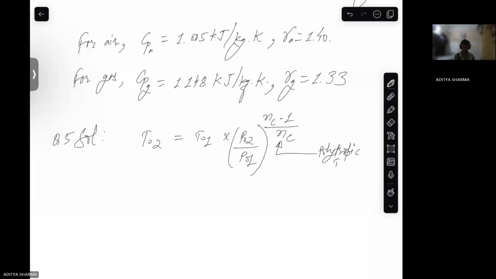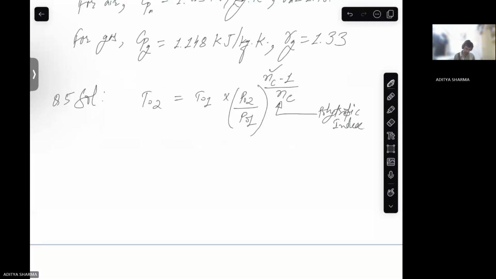This (n_c − 1)/n_c we need to find out. And P02 by P01 is given to us, which is the fan pressure ratio, for compression.